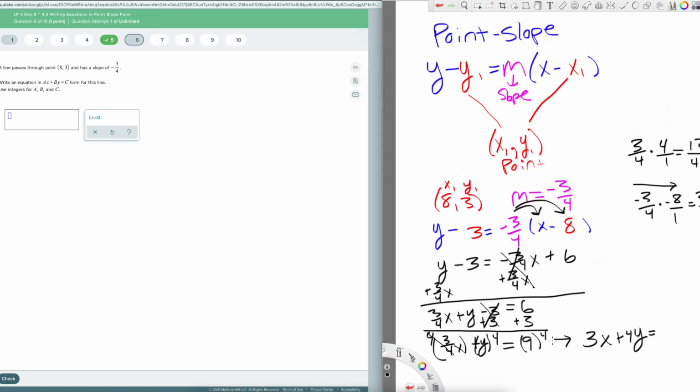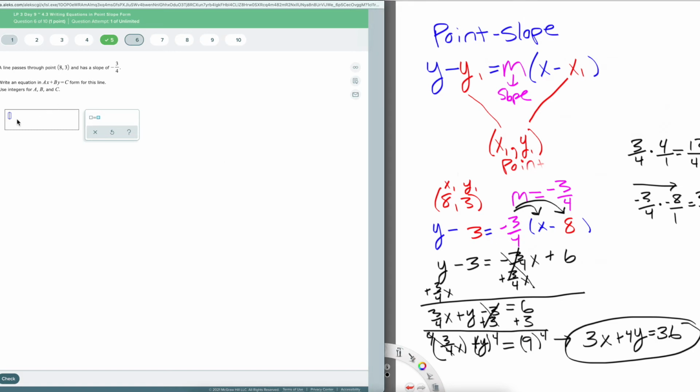So this is the equation they're looking for. Although 3/4 x plus y equals 9 is the same thing, we needed to make it so that they were integers and not fractions. So 3x plus 4y equals 36. Okay, so let's go ahead and check that. And we are good to go. Let's keep on moving here.